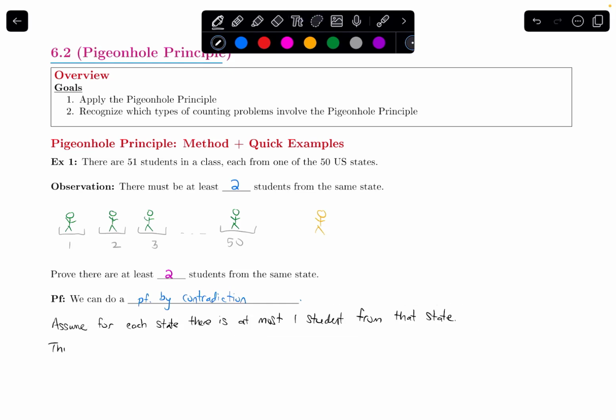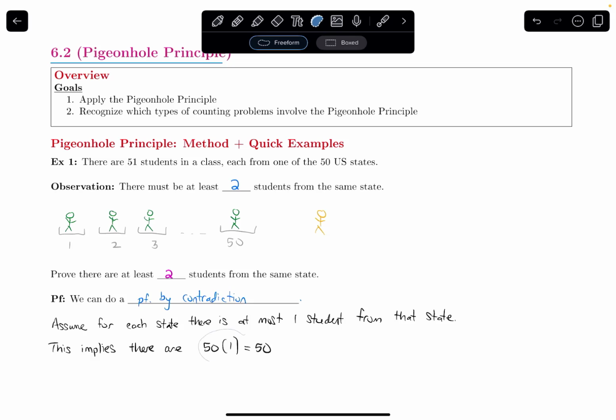So this implies that, because there's 50 total states, I would multiply 50 by 1, and that gives me 50. There would be at most 50 times 1, which is 50 total students.